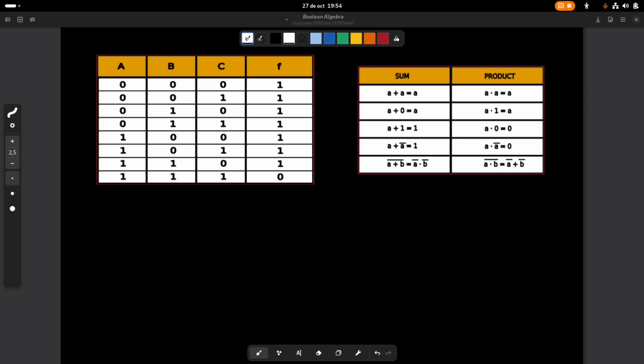The second way to do it is by getting the logical function by means of the product of sums.